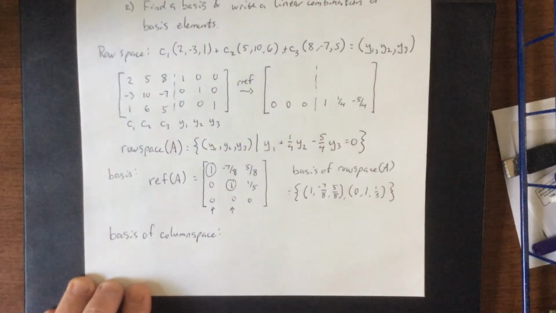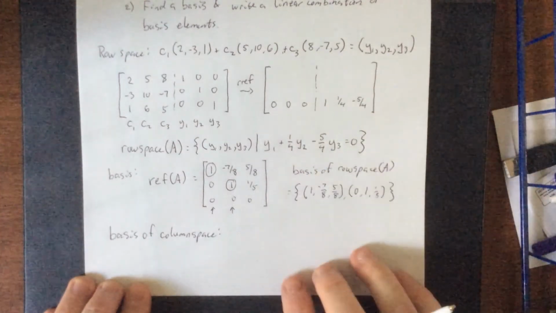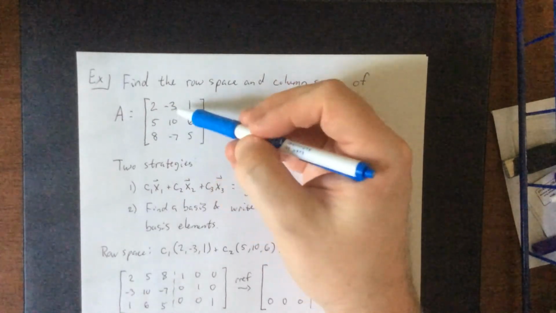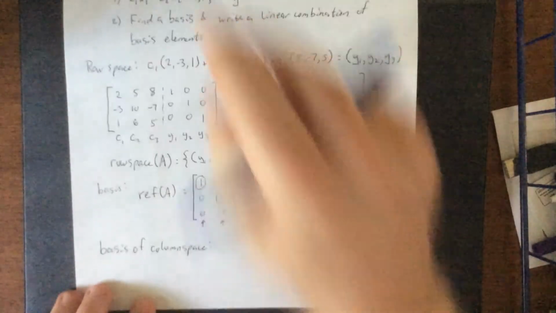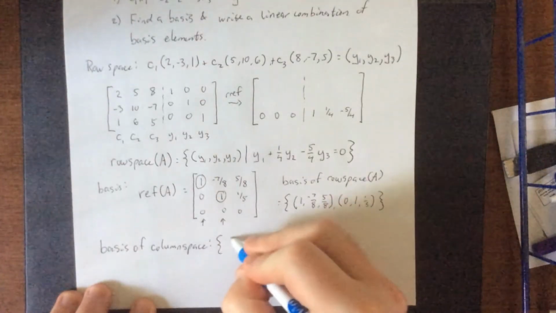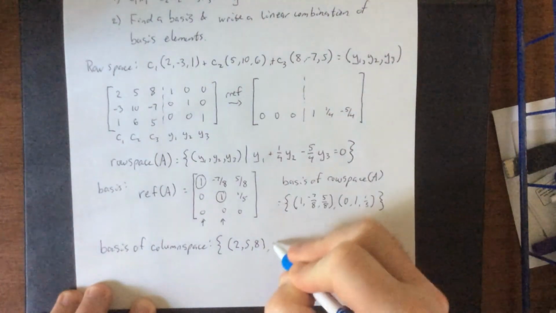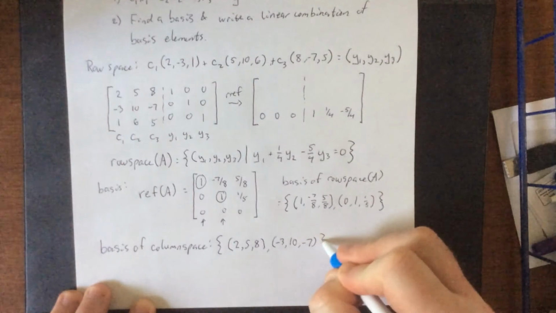That means that if we go back to the original matrix, those two columns will represent the basis elements of our column space. So first column is 2, 5, 8. Second column is -3, 10, -7. So for a basis of the column space, we could say 2, 5, 8, and -3, 10, -7.